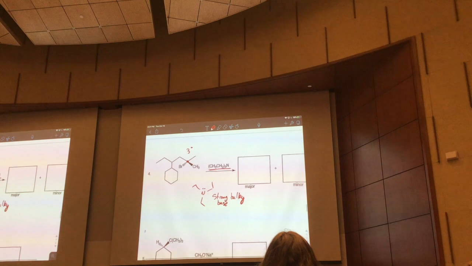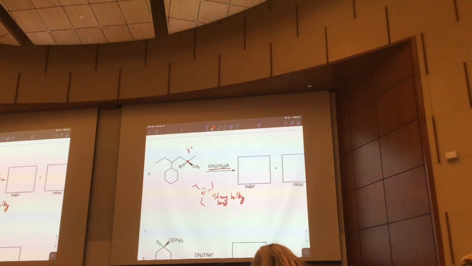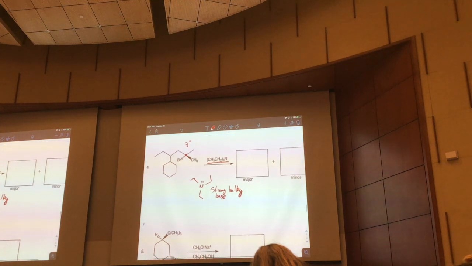What did we say about strength? It tells us the order, right? So if we have something strong, what order do we have? Second order. It's going to be one of the twos. And if it's a base, is it going to be an E or an S? E. We have an E2 reaction here. This is E2.